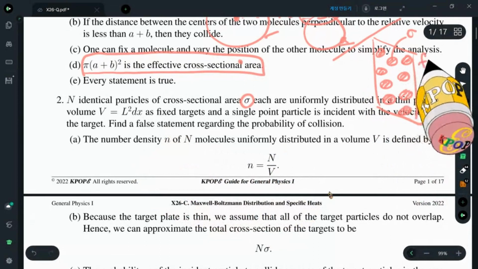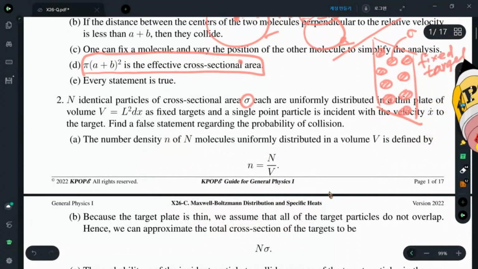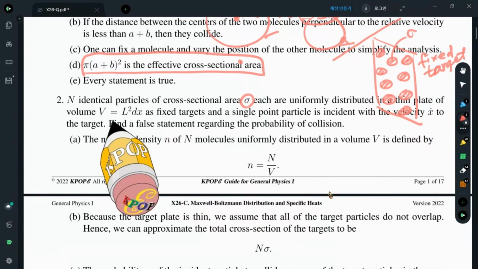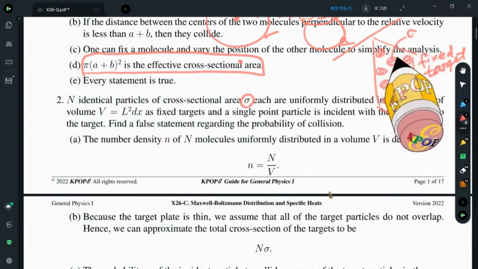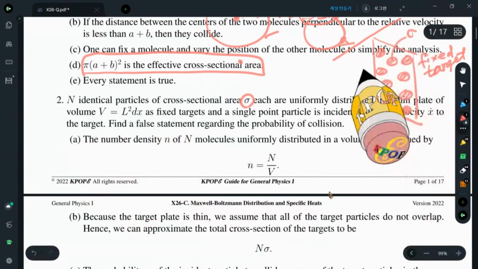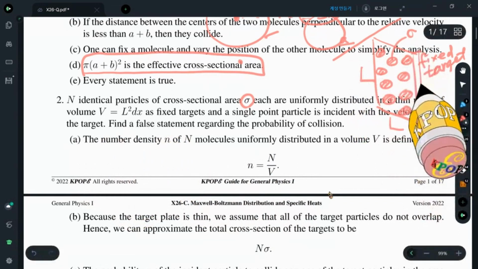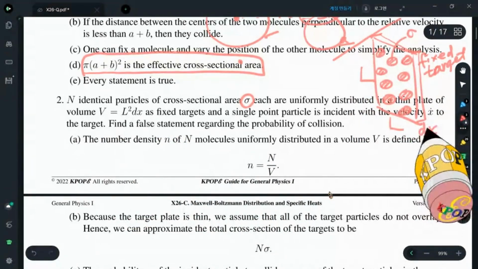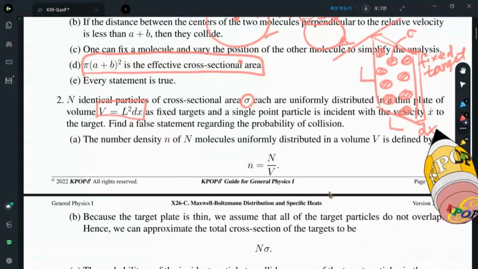And this is a fixed target. The volume of this is, we have L squared and very thin thickness, dx. So volume is L squared times dx.